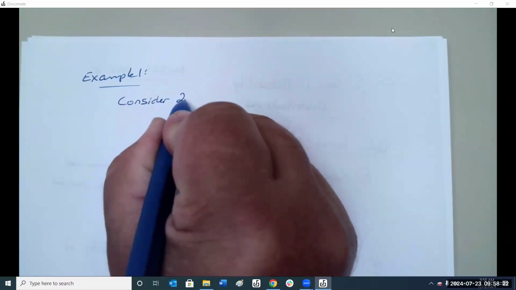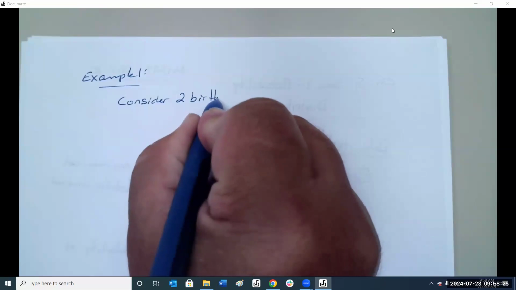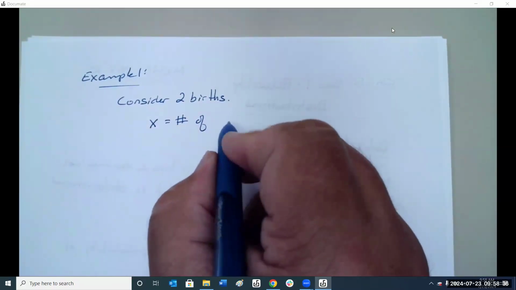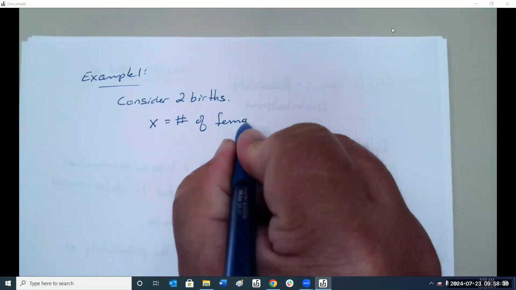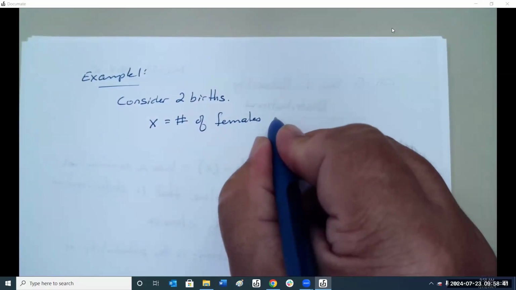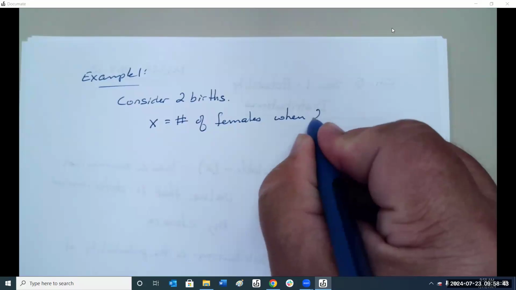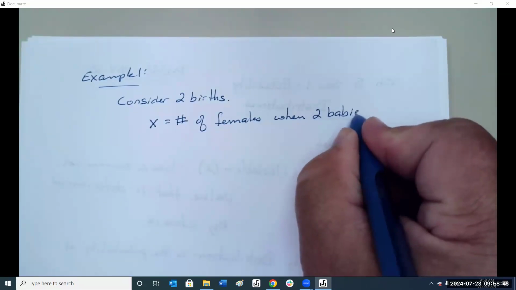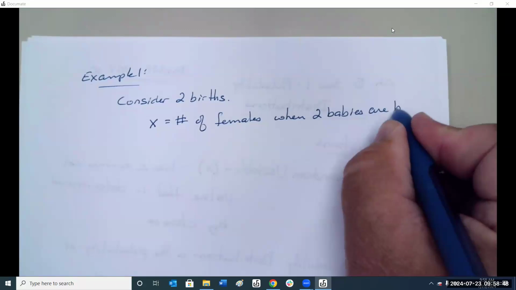Let's consider 2 births with the following random variable: X equals the number of females when 2 babies are born.